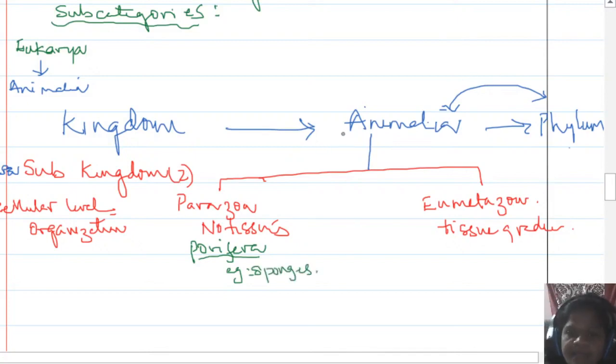So kingdom Animalia, we are gonna go from kingdom to phylum with the subcategories. Okay. So the first subcategory is the subkingdom, and it is a cellular level of organization because the tissues haven't formed yet. So there are parazoa and eumetazoa. In eumetazoa, we see the tissues. In parazoa, you do not see the tissue grade of organization. For the first time you see it in here. And now this stops here, right? The first phylum, Porifera.